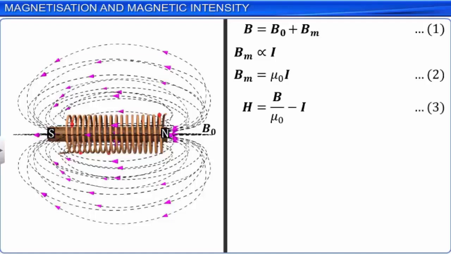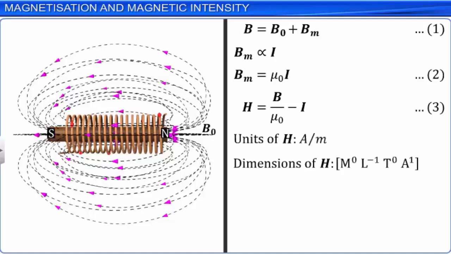That is, the SI unit of H is ampere per meter, and its dimensional formula is M0 L-1 T0 A1. On rearranging the terms in equation 3, we get the total magnetic field inside the material B is equal to mu0 into I plus H. Let this be equation 4.